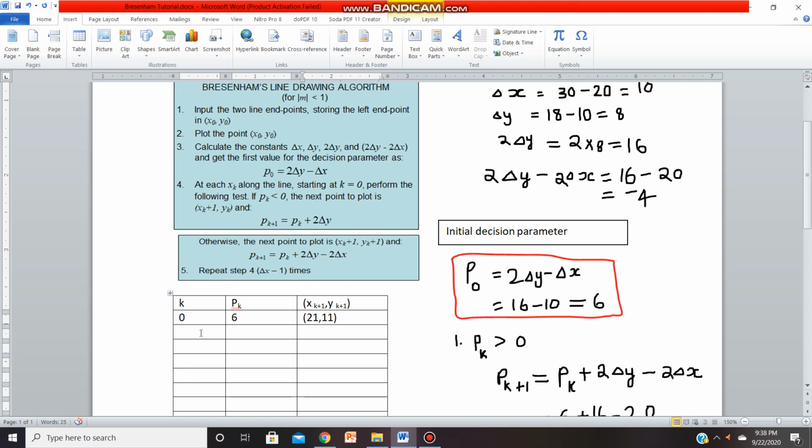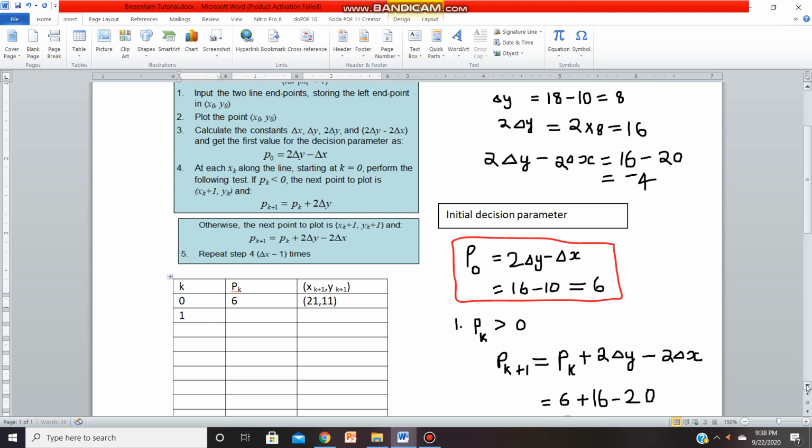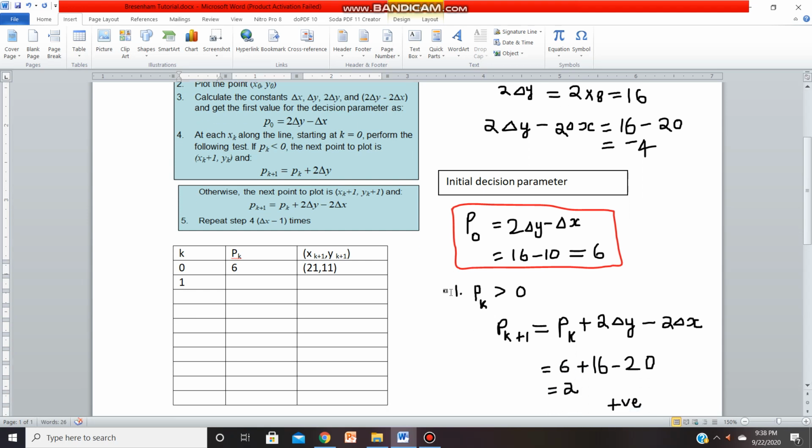Then now we will calculate for k equal to 1. What will be the value of the decision parameter? We take the case Pk greater than 0. Here P0 is greater than 0. For finding the pixel, it is a switching between these two equations. We need to check the sign of Pk.